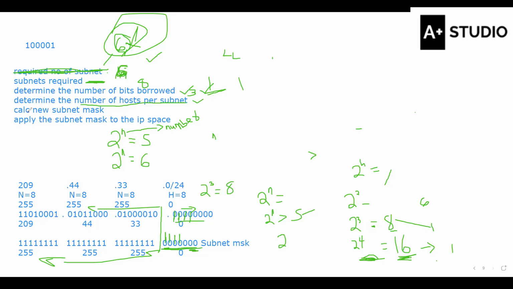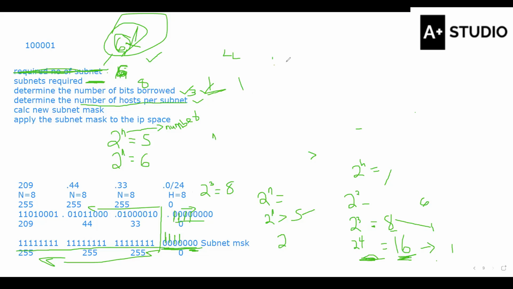So we are on the next question. It says calculate the new subnet mask. Let us remember that right now our subnet mask will change, because we borrowed 3 bits from the host. So let me write it right here.